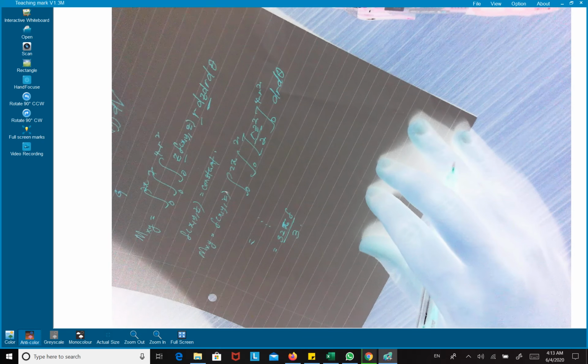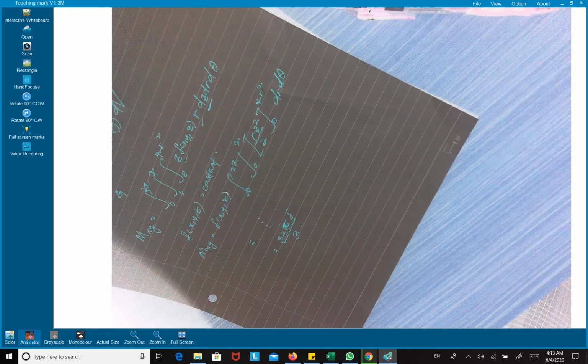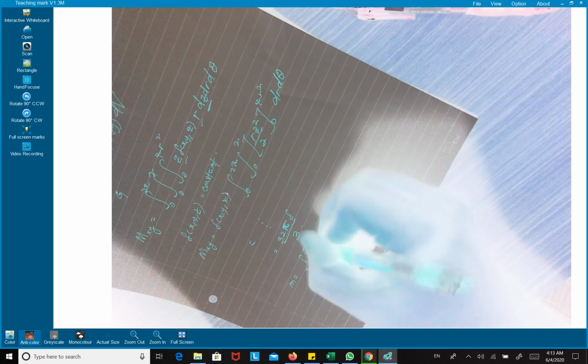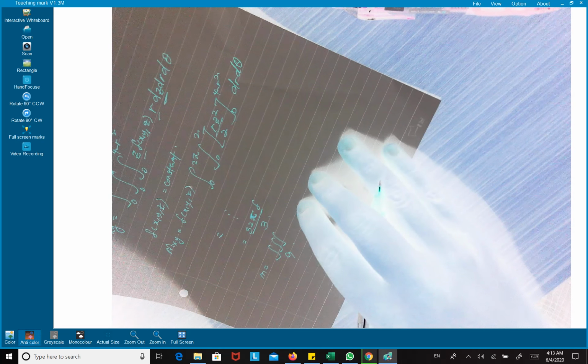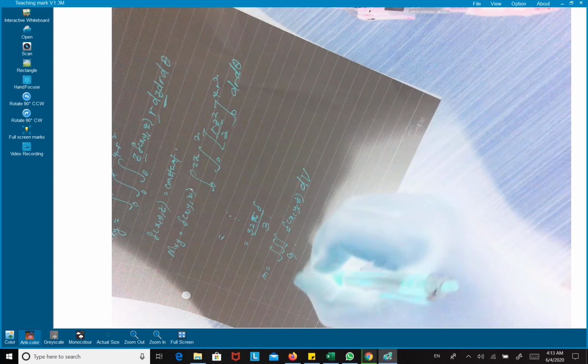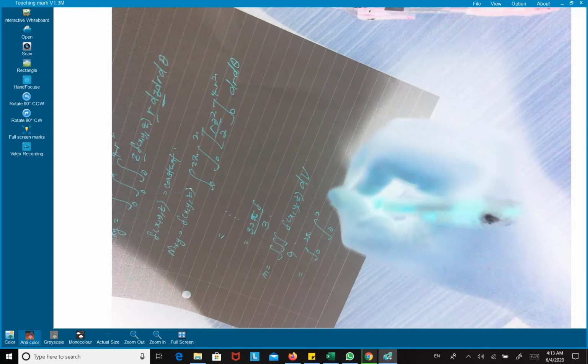So for the mass, the formula is the triple integral over the solid G of the density dV. So this could be easier: 0 to 2 pi, 0 to 2, 0 to 4 minus r squared.